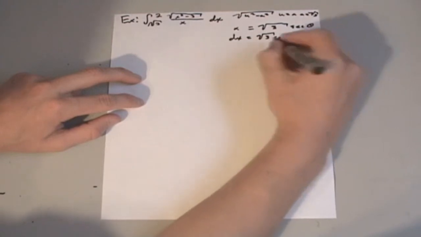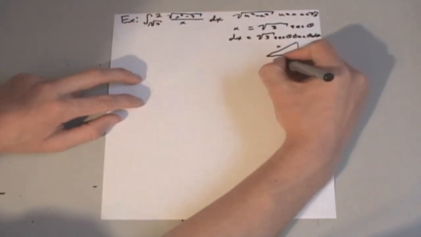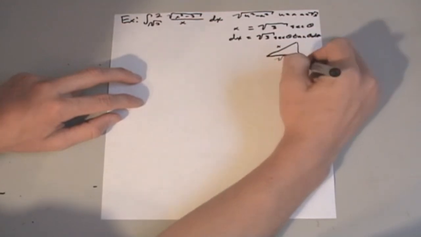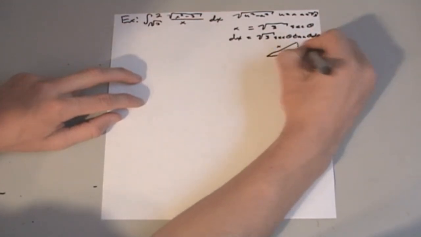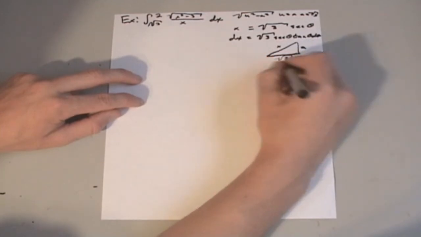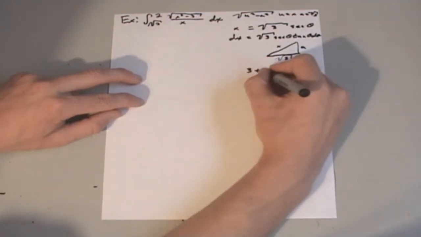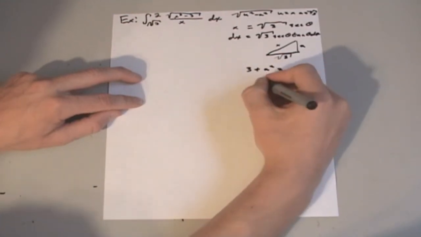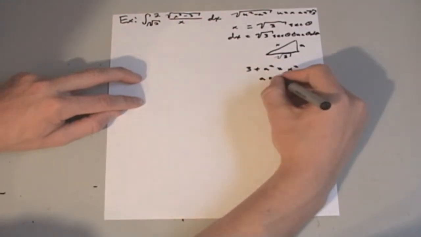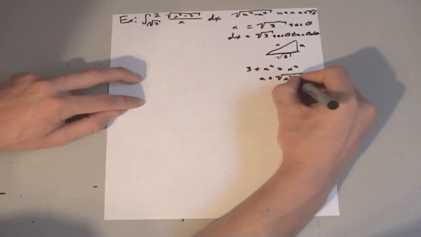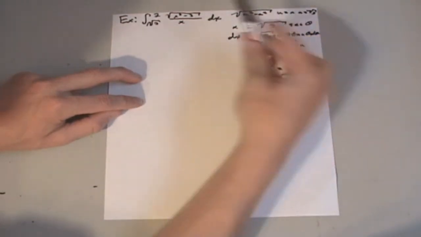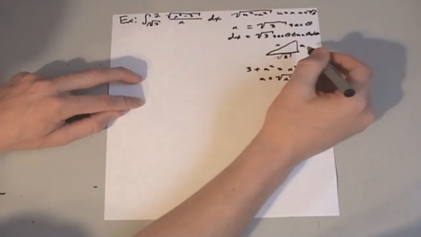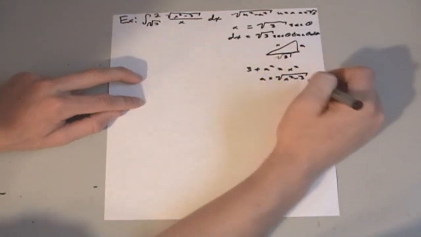So that equals x for the hypotenuse, square root of 3 for the adjacent. Now we need to solve for the third side. I like to call it a. Square root of 3 squared, 3, plus a squared equals x squared. a is equal to square root of x squared minus 3. Since these two terms match up, we know that we did the correct trig replacement.